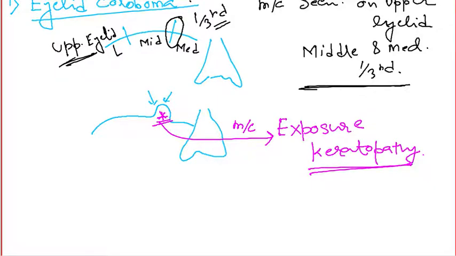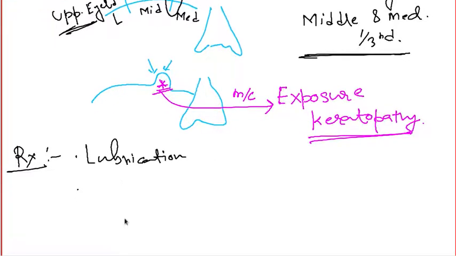It will cause irritation to the corneal part and cause exposure keratopathy. So what can be the treatment remedies? We can do lubrication by lubricants if the defect is small. If the defect is moderate in size, we can do patching.